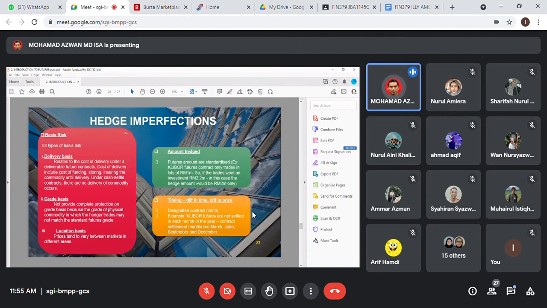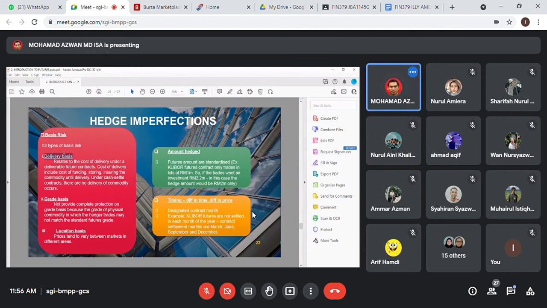Okay, here we have several imperfections in the basis: delivery basis, location basis, and grade basis, which contribute to a positive or negative basis.